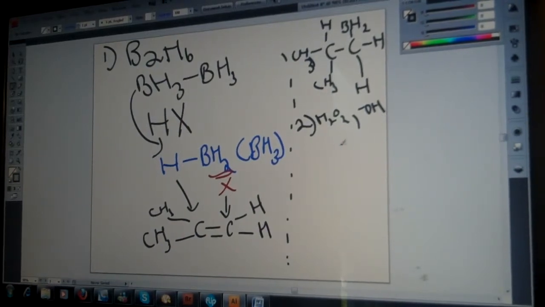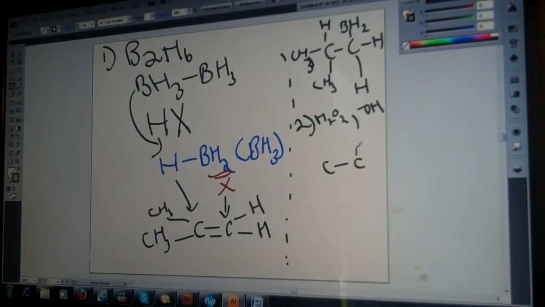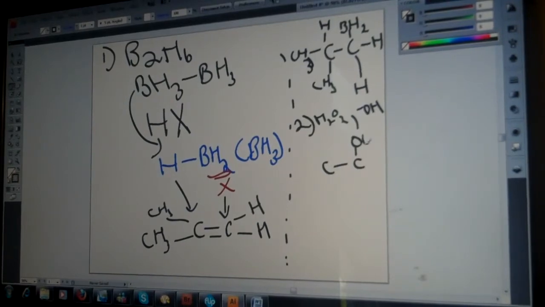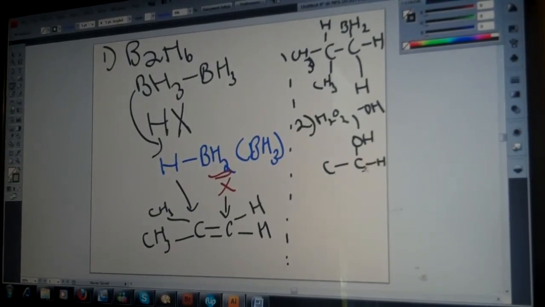The OH now acts like a nucleophile, and the BH2 acts as though it's a leaving group. So it leaves and the OH is now added where the BH2 existed before, and everything is the same from there.